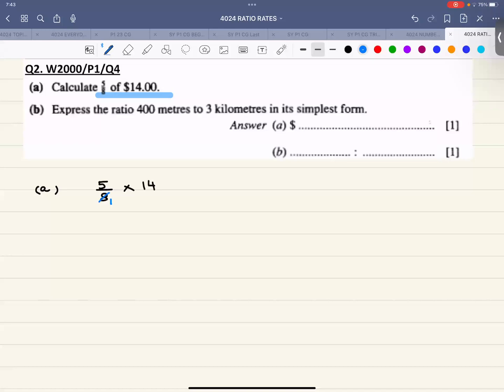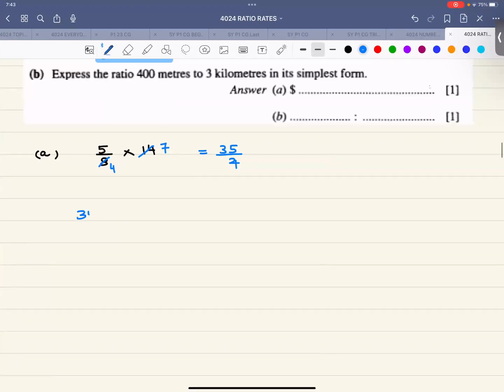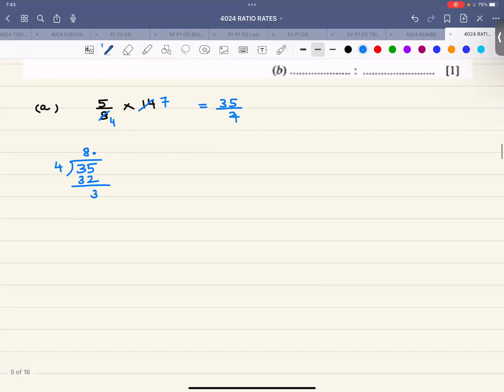So 2 4s are 2 7s are 5 into 7 is 35. 35 divided by 4. So let me write 35 on the inside, 4 on the outside. This is 4 8s are 32. 3 is left. Let's put a decimal over here. And that brings us a 0 over here.